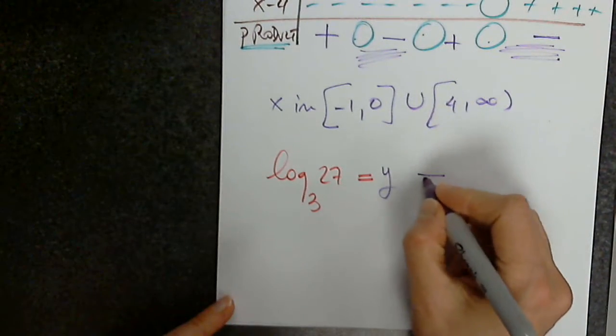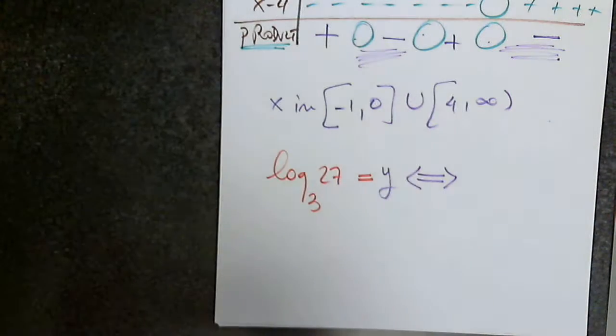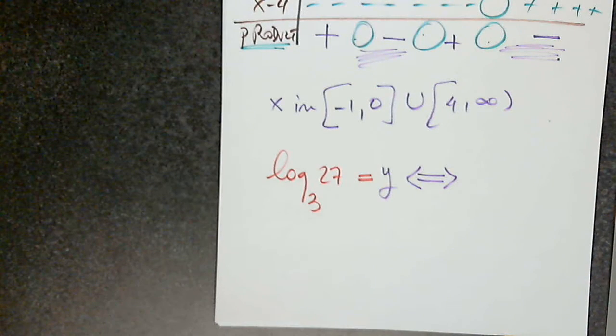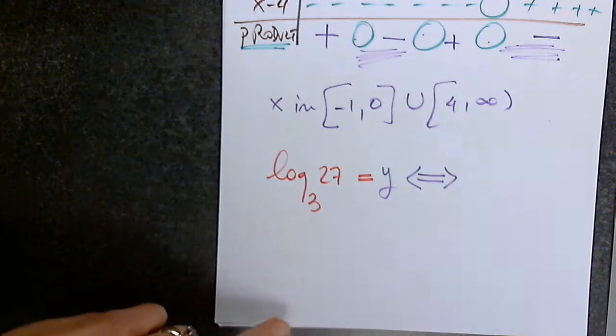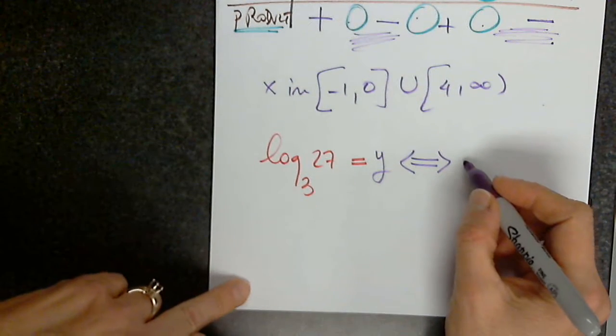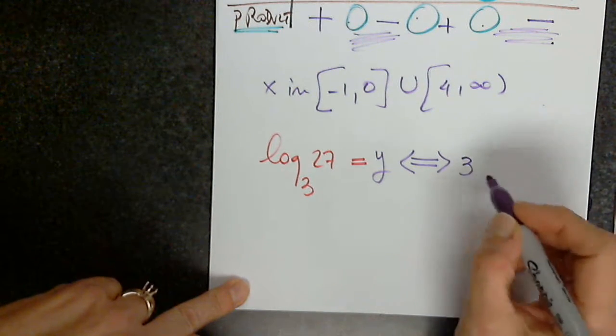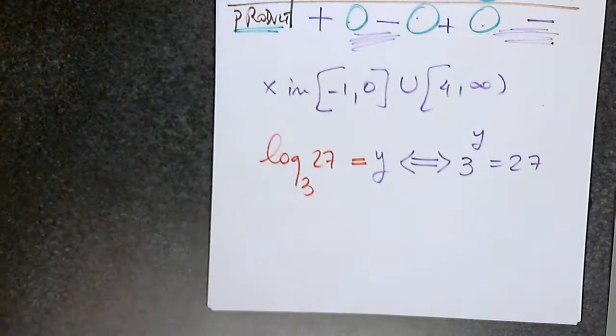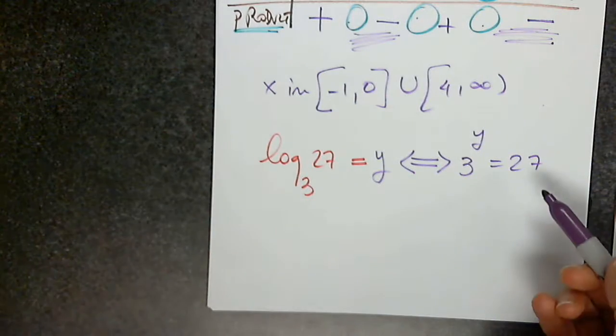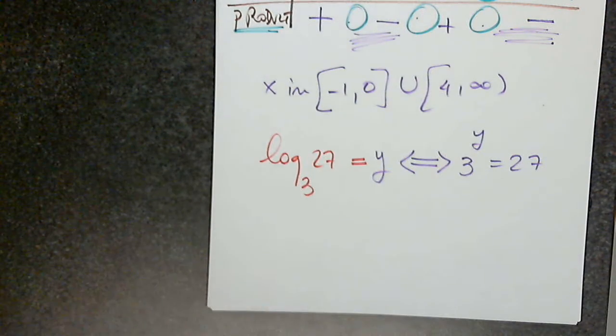Why I do that is because I remember the most important concept in this chapter 12 that says any log equation can be converted, can be replaced, can be changed into an exponential equation. Which equation? 3 raised to the y. This is more human, right? As long as I can make 27 with the same base, I'm in business.